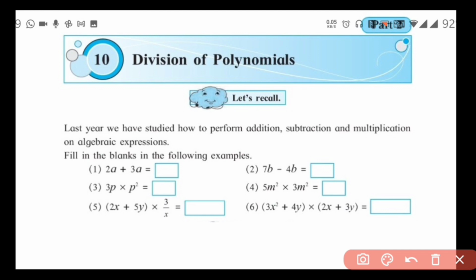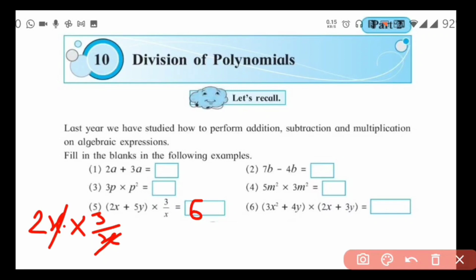2x plus 5y multiplied by 3 upon x. That means what we have to do? We have to multiply by this 3 upon x to 2x also and to 5y also. So let us multiply by this 3 upon x. 2x multiplied by 3 upon x. So this x and x will be getting cancelled. We get 3 2s are 6 here.